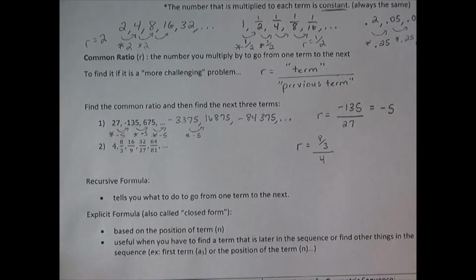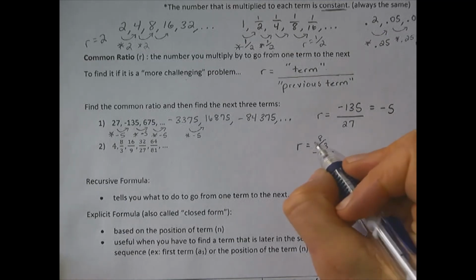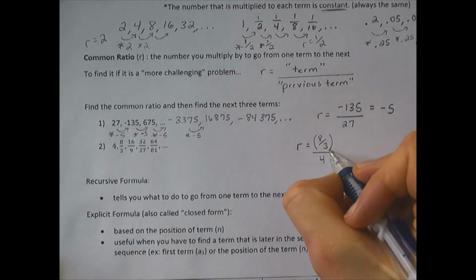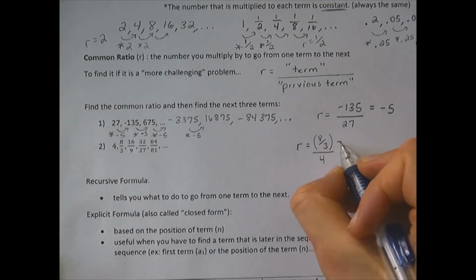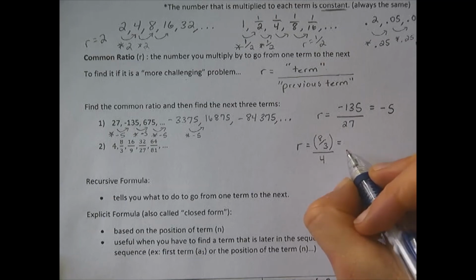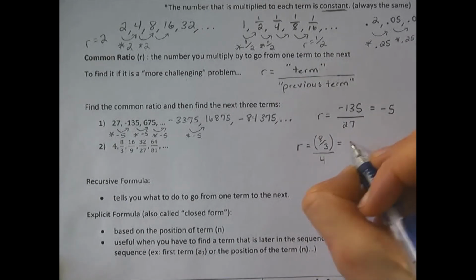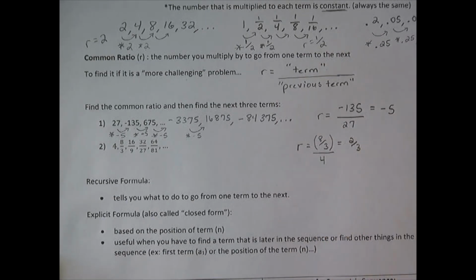You could type this in your calculator, but if you do, you might want to put parentheses around the fraction. That way it'll calculate it correctly. And when you type this in, it's either going to give you the decimal, or remember, you could change it to a fraction. And so you should end up getting 2/3.